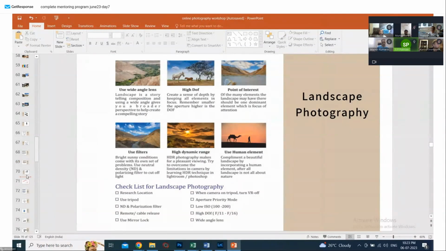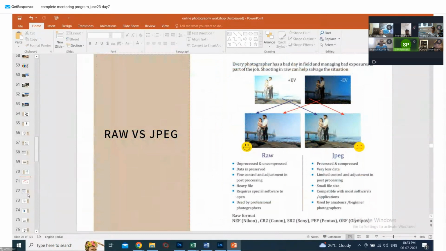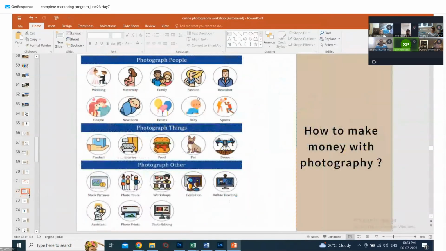So what are the different things you can do as a photographer? Apart from doing photography just as a hobby, if you want to earn some side income, a kind of side hustle on weekends, you can always do that, provided you have put in effort, time, and of course invested money in your equipment.